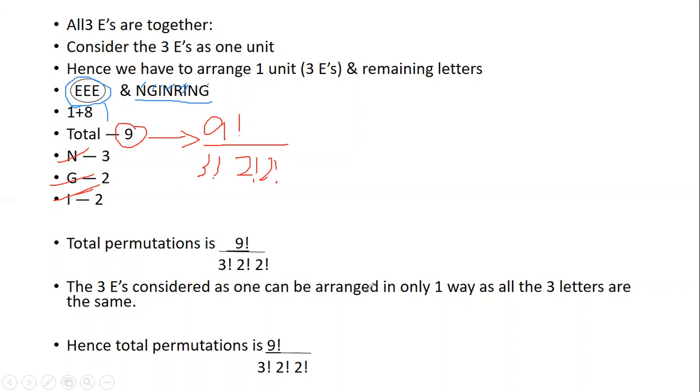If the 3 E's are considered as one unit, they are arranged in only one way, E, E, E, since all 3 letters are the same.